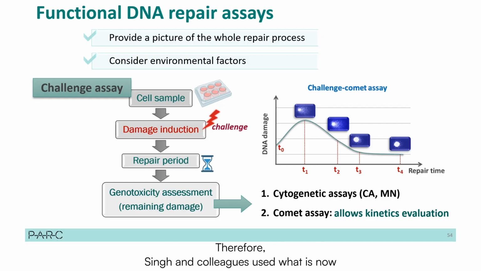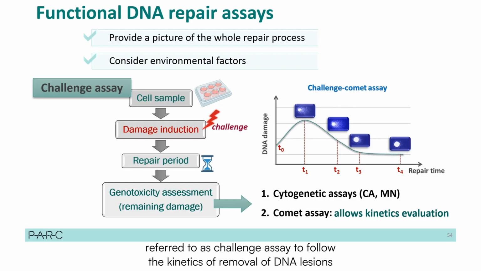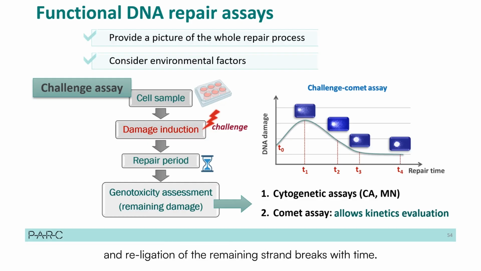Therefore, Singh and colleagues used what is now referred to as challenge assay to follow the kinetics of removal of DNA lesions and religation of the remaining strand breaks with time.